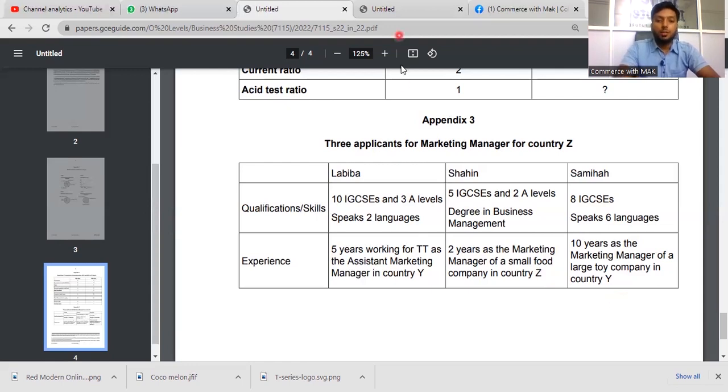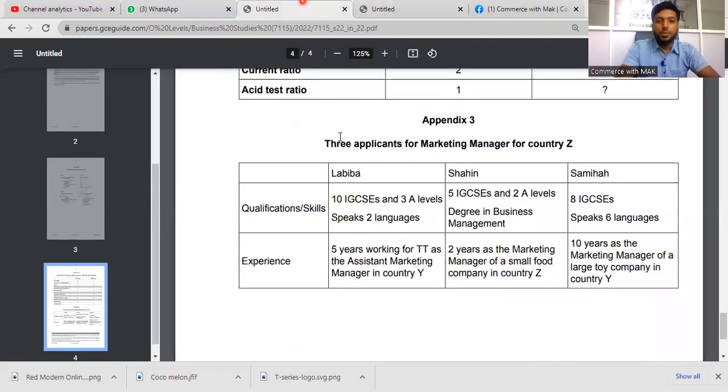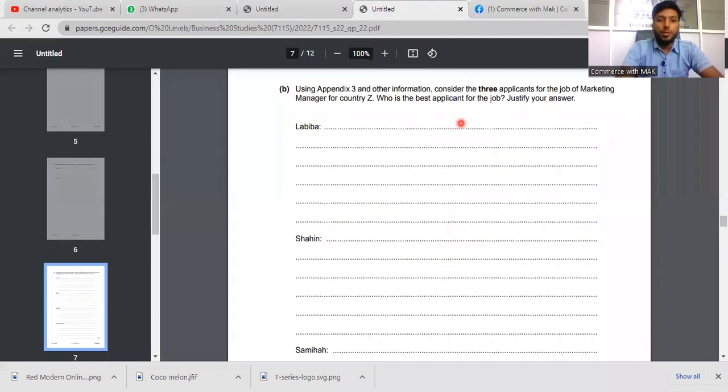Now starting with Labiba, we have, Labiba has 10 IGCSE. Let me see her profile again. Speaks 2 languages. Labiba is working as a marketing assistant manager. That's a plus point. And also she is working under a country-wide company, which is TT. She already has a background in toy companies.